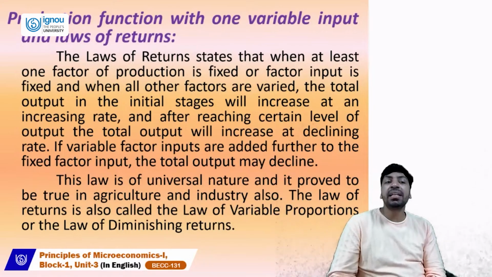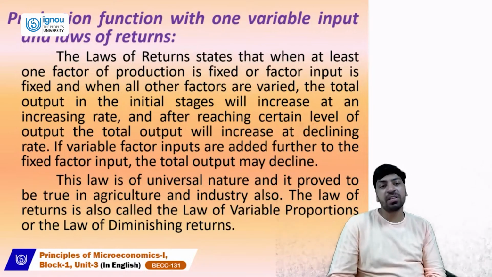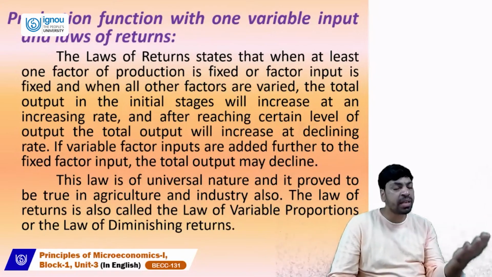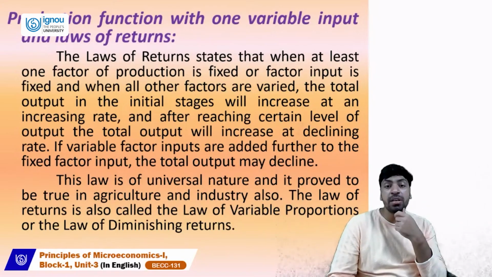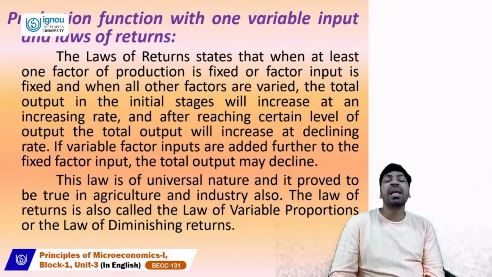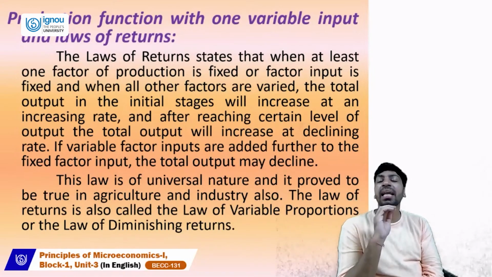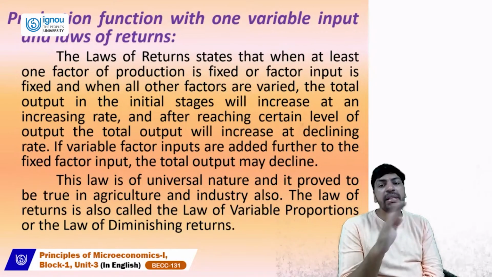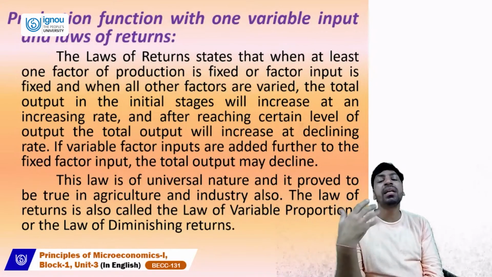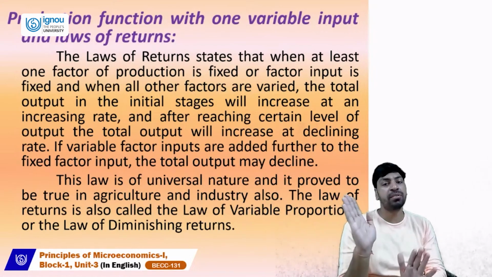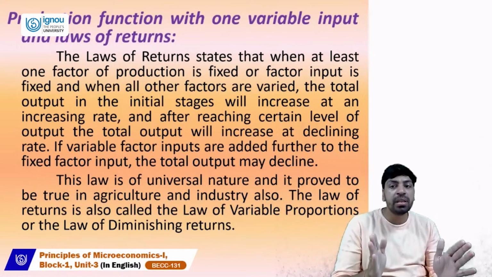When at least one factor of production, it could be land, labor, organization, or technology, is fixed, and all other variable inputs are changed, in that scenario, this is the rule.